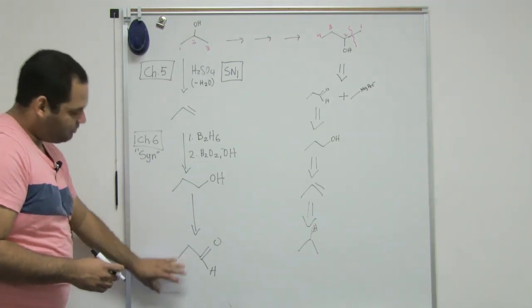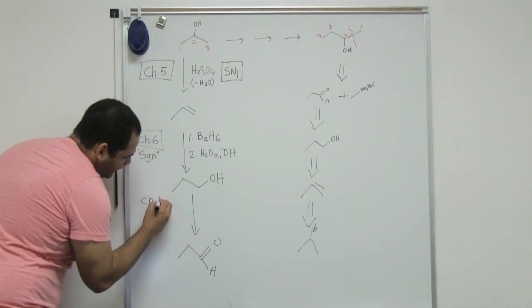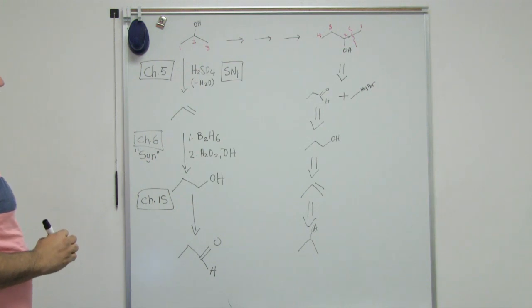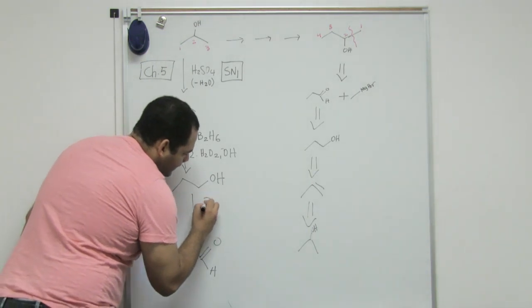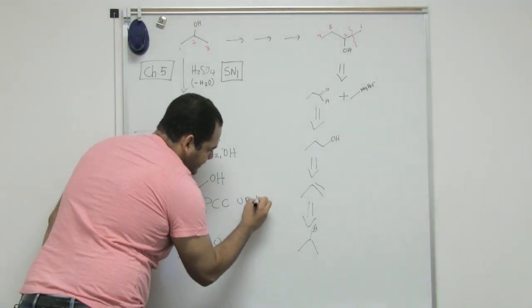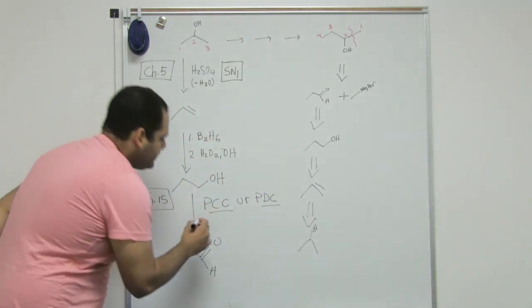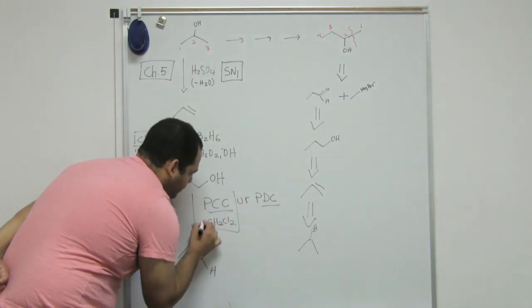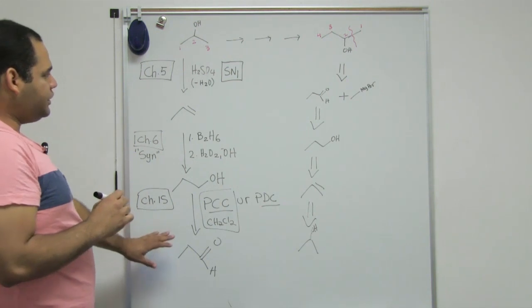I learned that in chapter 15, where we talked about how we can do this chemistry, and I know that PCC or PDC would do that job. If I'm using PCC, I can say PCC and CH2Cl2 would be my reagent for that particular reaction. Yeah, I saw that in chapter 15.